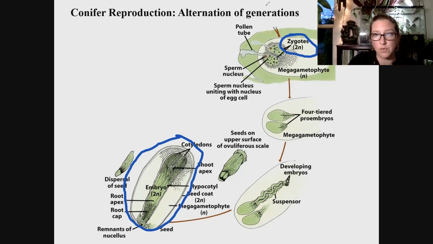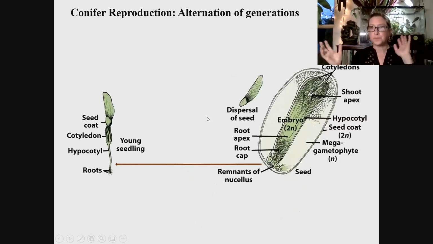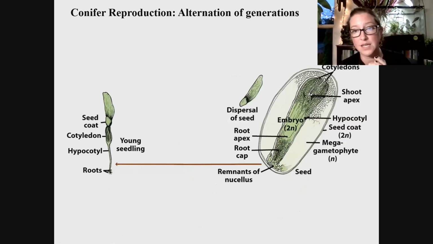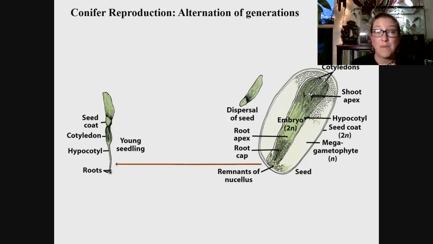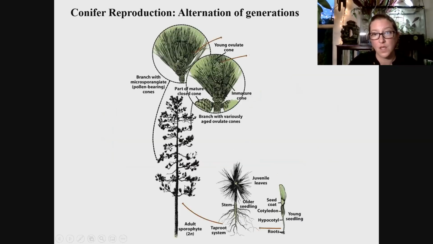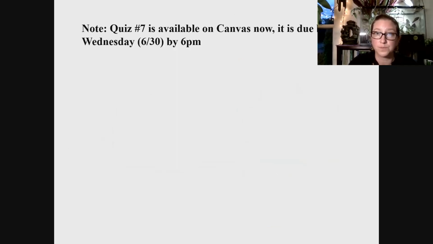That's all you need to know from this. Don't worry too much about all these other words. The embryo now is inside of that seed. The embryo is going to germinate out of the seed and grow into the new sporophyte plant, which we see here on the left. That young sporophyte plant will grow via mitosis to become the mature, adult sporophyte, shown on the left here.